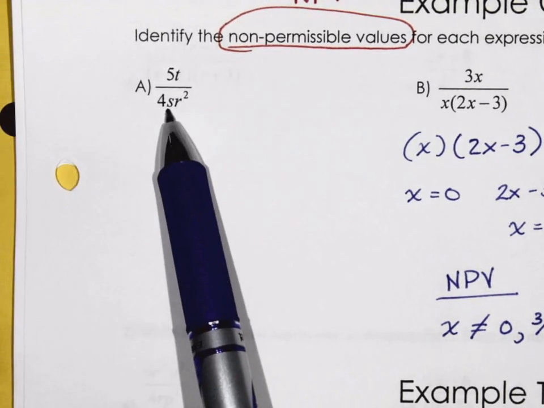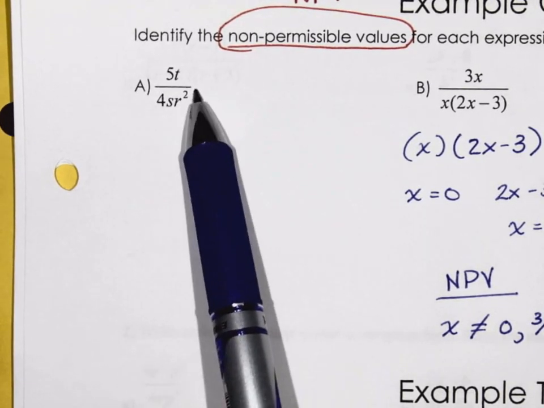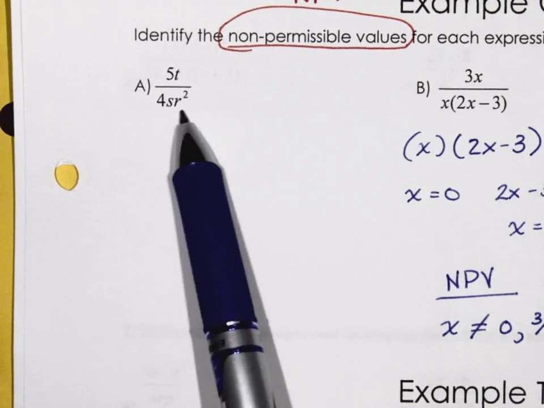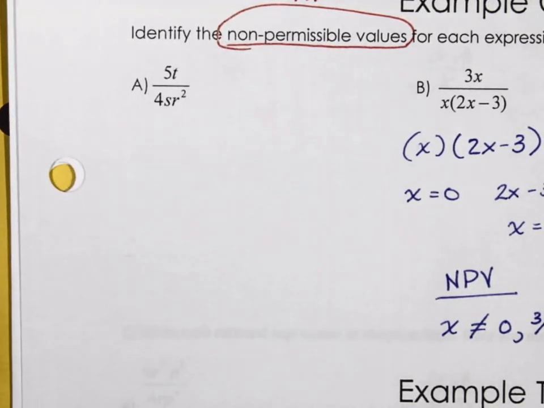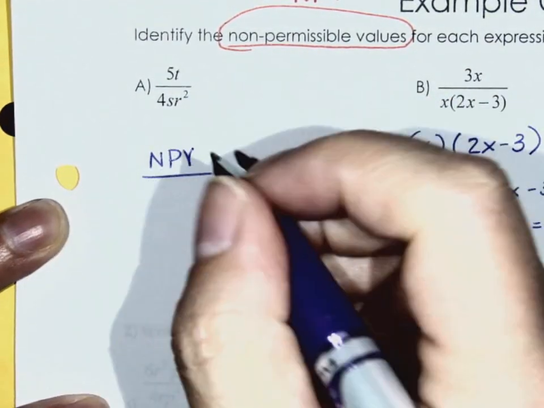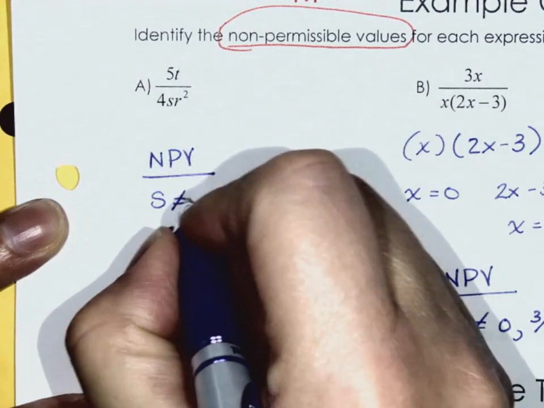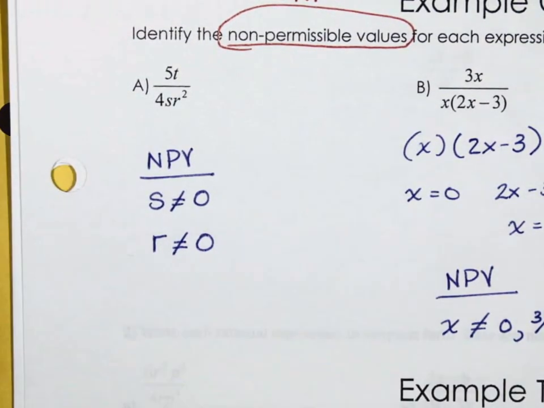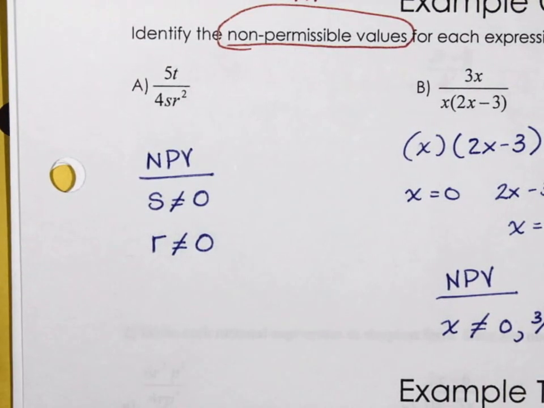So if s is 0, what's the denominator? If r is 0, 0. So if you have a monomial, you don't have to do any of the solving. You can just simply state that my NPV is s cannot equal 0 and r cannot equal 0, because anytime you multiply by 0, you get 0.